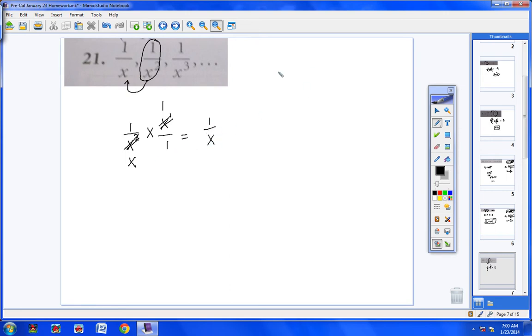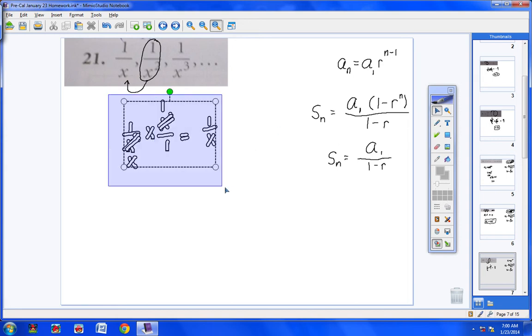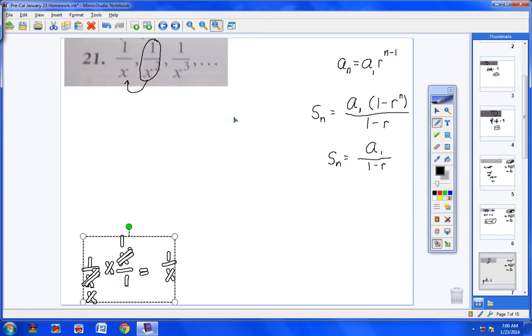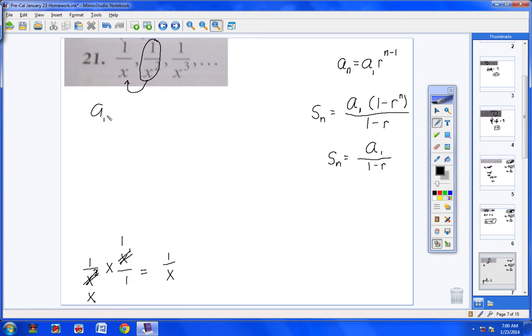So I found my common ratio. So it looks like, let me very quickly move this down, get some space. So it looks like my first term is 1 over x, and my common ratio is also 1 over x.